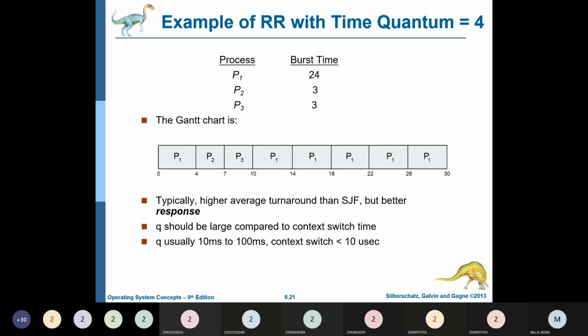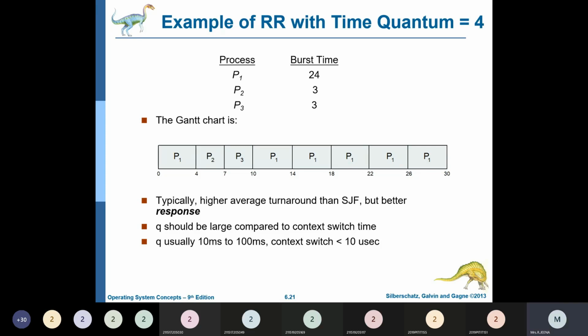The last time P1 waited was at 10. After that it came continuously. So we take the 10 and subtract 4, because of the first portion of P1 that already ran. So 4 is subtracted from 10, and the waiting time of P1 becomes 6.